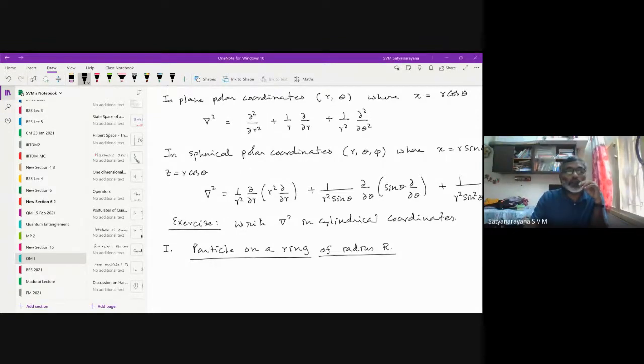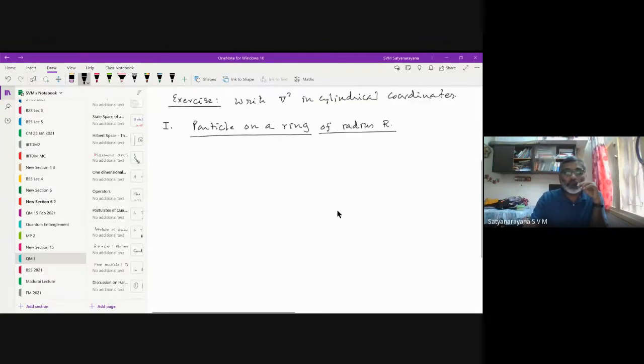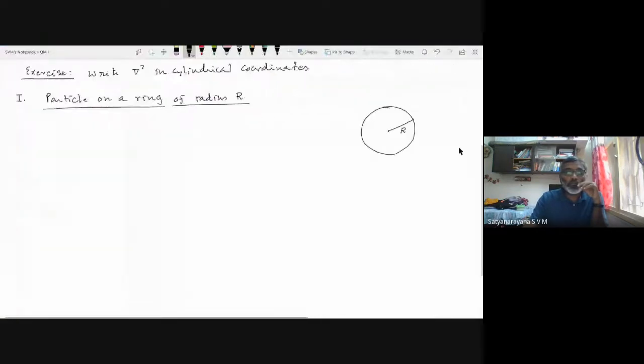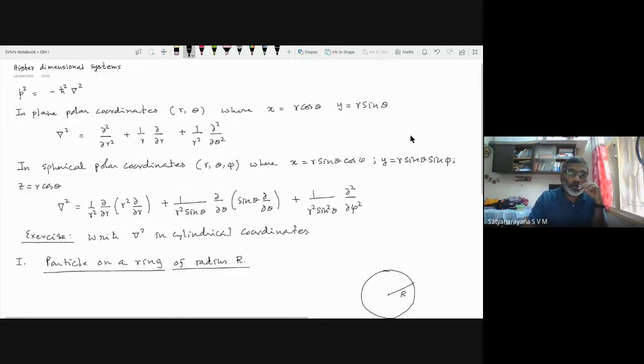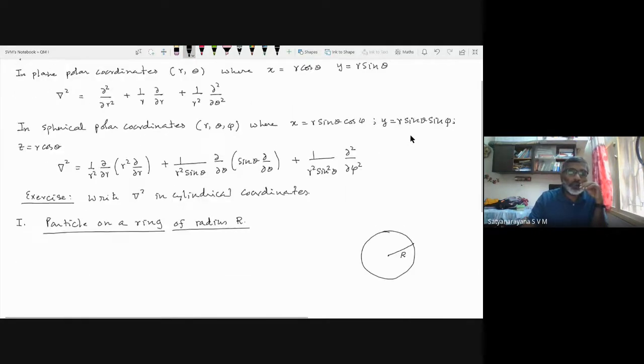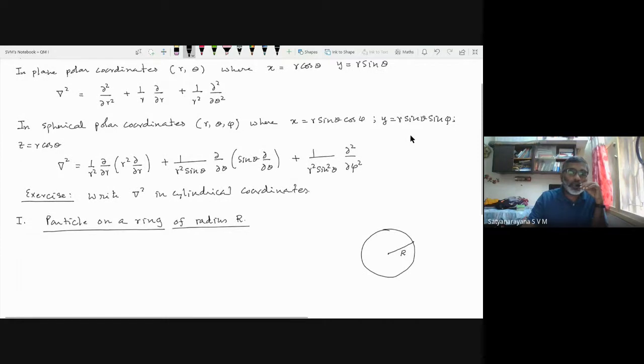So we have something like a particle on a ring. That means if you go back to this plane polar coordinates, small r is equal to capital R, that is fixed, that is not going to change. So your wave function will depend only on theta.